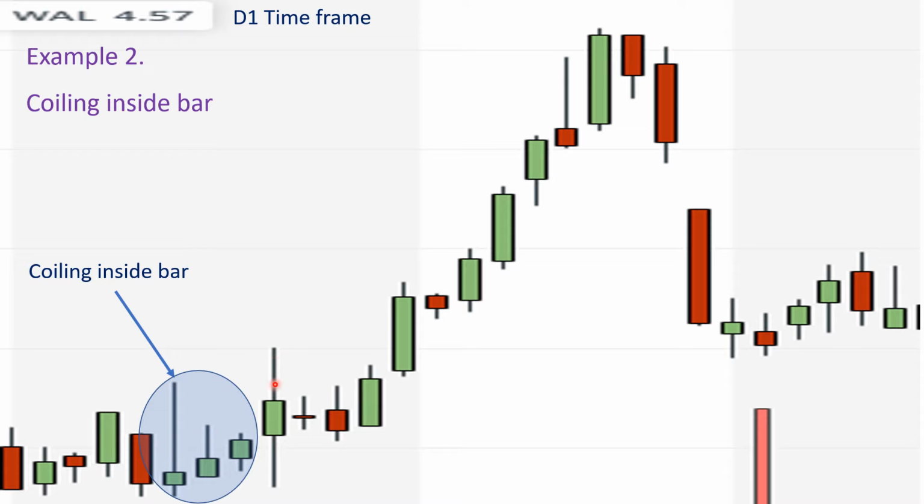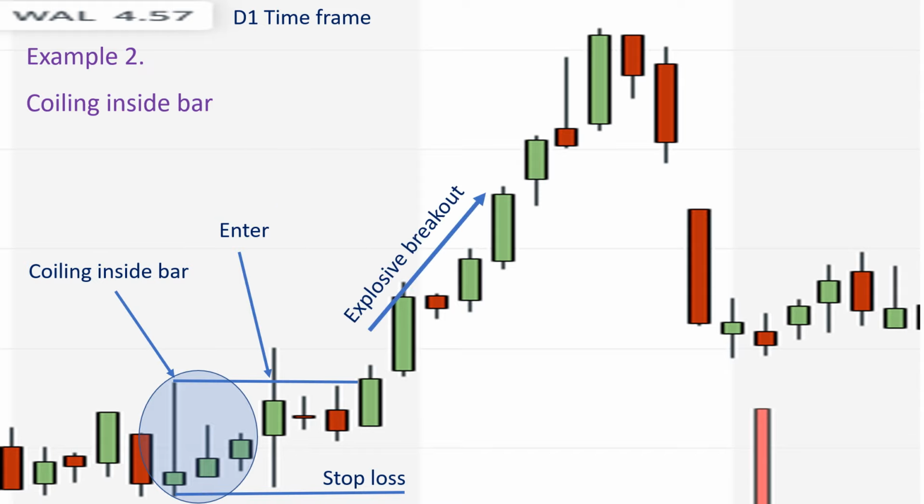This is the next candle, and around this area it is going to pass the high of the mother bar. So you can enter the trade right here and put your stop loss maybe 1 or 2 ATR below the low of the mother bar. After the entry, you see the trend have an explosive breakout and head higher.